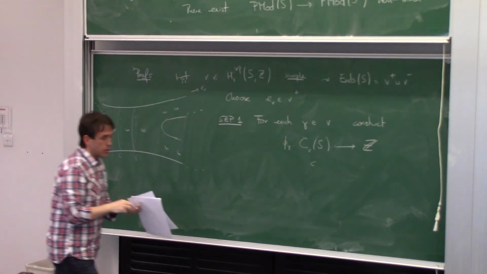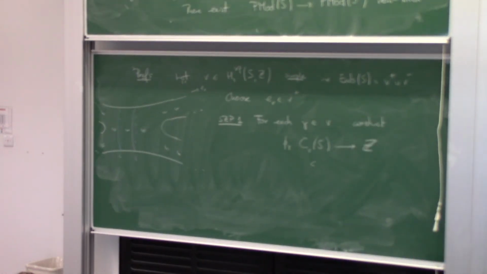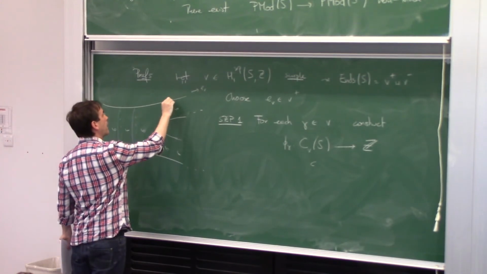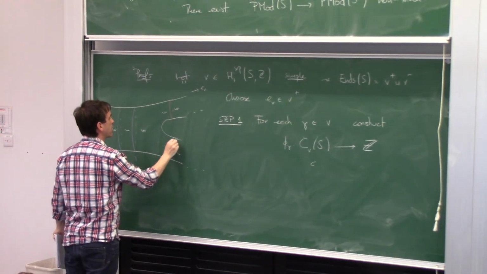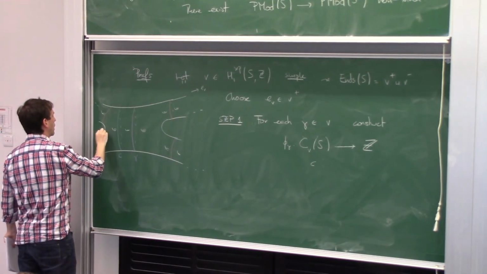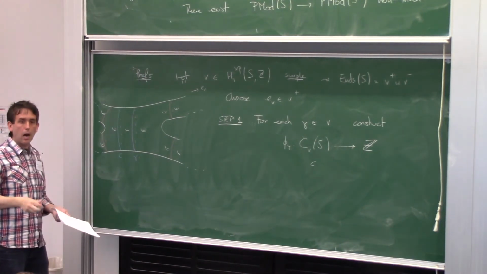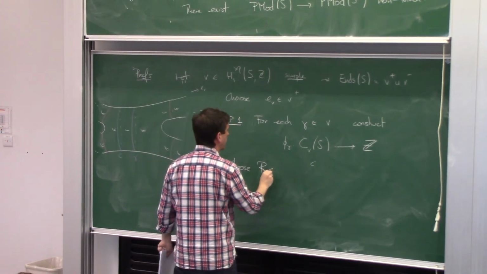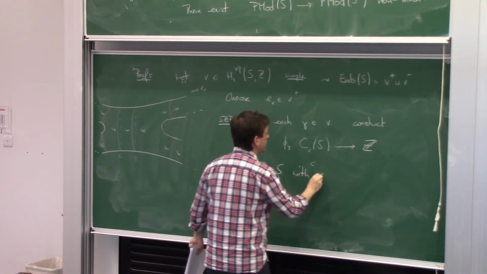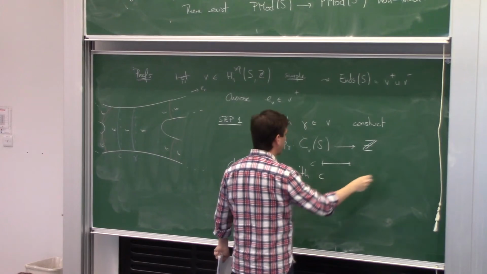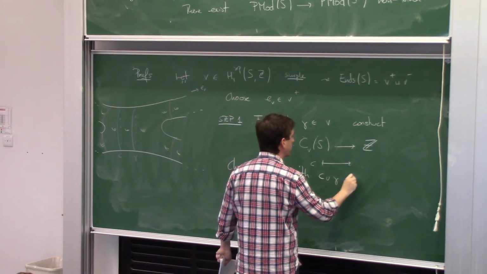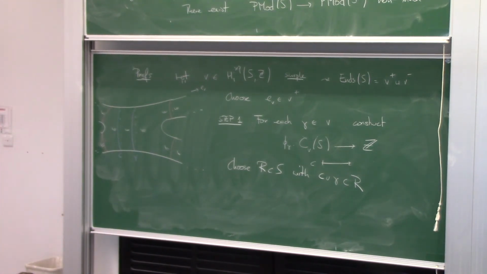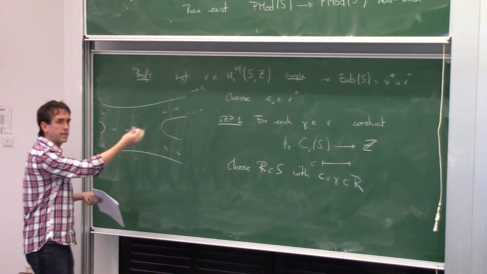There exists some compact subsurface with every boundary component separating that contains these two curves, because curves are compact. So I choose some R, contained in S, with C union gamma contained in R. And I implicitly assume that every boundary component of that subsurface is separating.